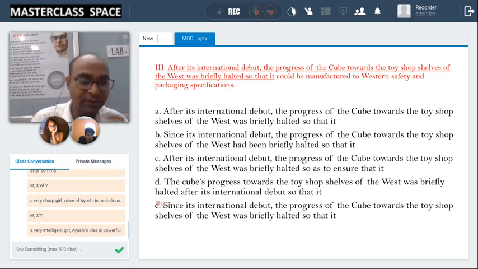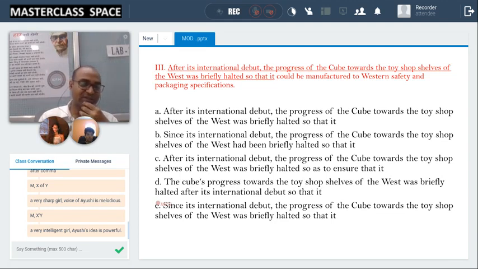Look here, you will find: a very intelligent girl, Ayushi's idea. So here Ayushi's is with what? It is with an apostrophe. So now the modifier, a very intelligent girl, is modifying idea, not Ayushi. So this is incorrect. Why? Because the idea cannot be a very intelligent girl, right?